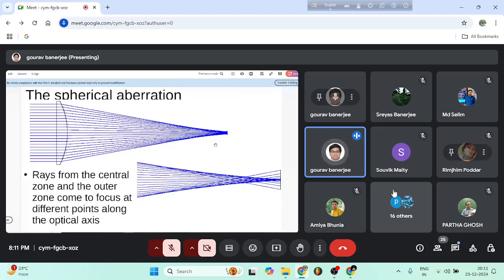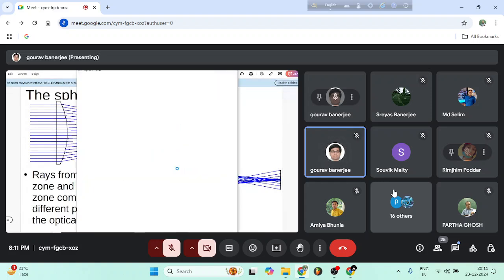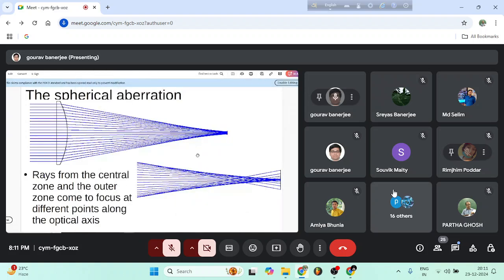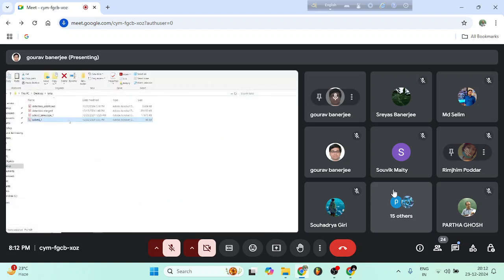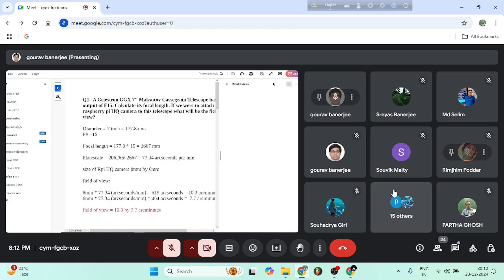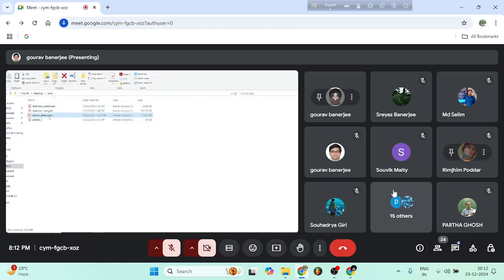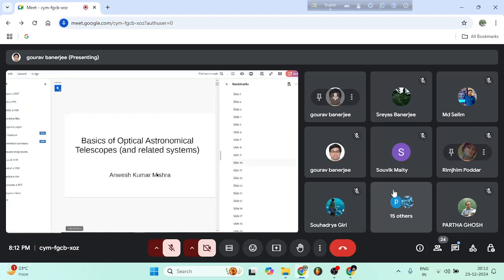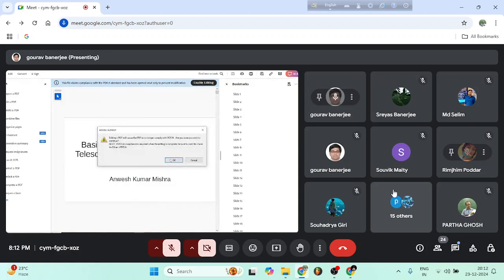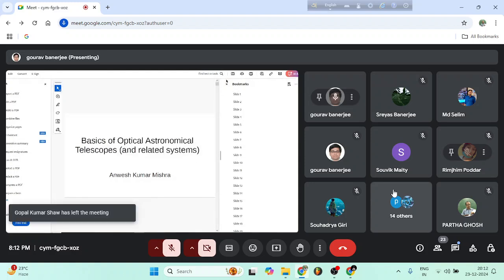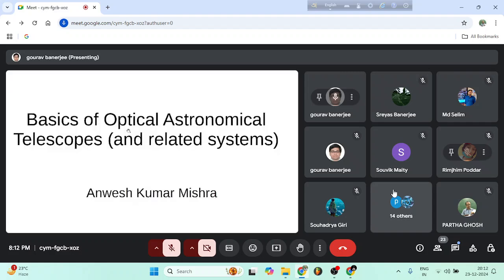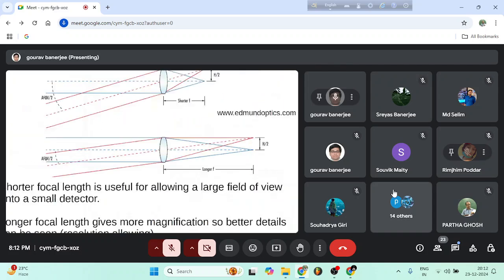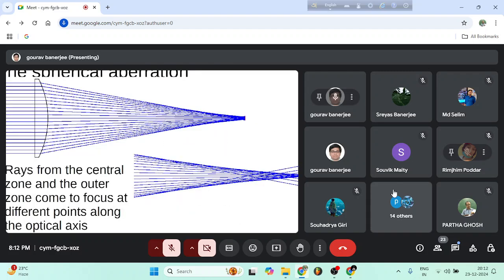Somehow some system got frozen. We're just looking into the issue.